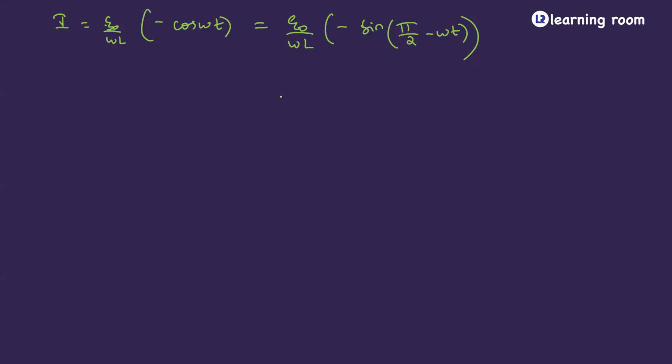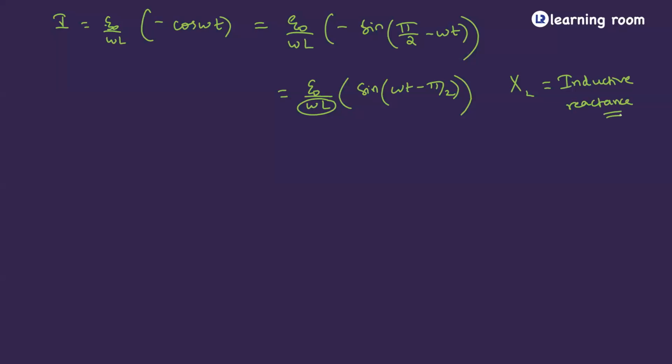So when you take it inside, you will get E naught divided by omega L into sine of omega t minus pi by 2. Where this omega L is what is called XL. So this XL is what is called the inductive reactance.